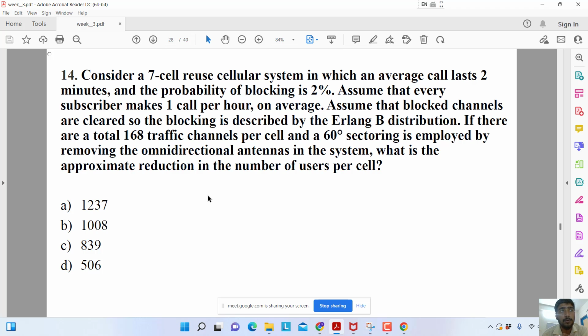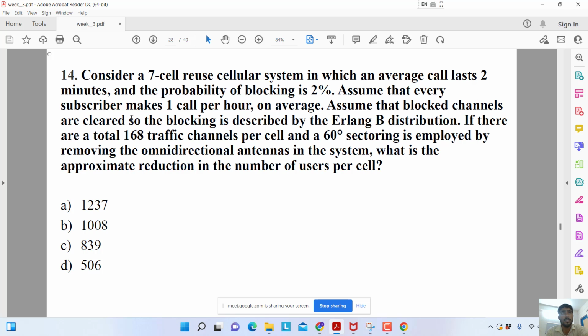Next is question number 14. Consider a 7-cell reuse cellular system in which an average call lasts 2 minutes, meaning the holding time is 2 minutes, and the probability of blocking is 2%. Assume that every subscriber makes one call per hour, so the call arrival rate is one call per hour.